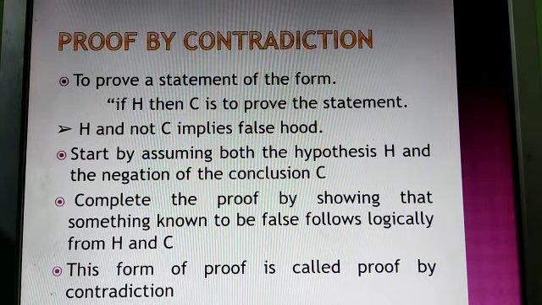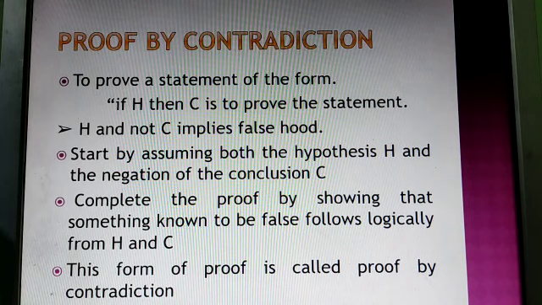Next one, proof by contradiction. To prove a statement of the form if H then C is to prove the statement H and not C implies falsehood. First we start by assuming both hypothesis H and the negation of conclusion C. Complete the proof by showing something known to be false follows logically from H and not C. This form of proof is called contradiction.